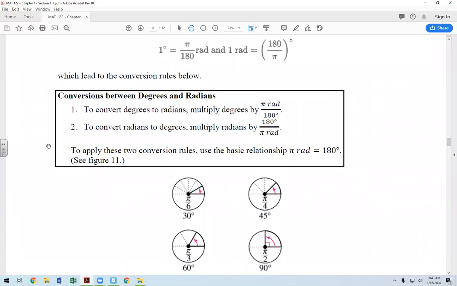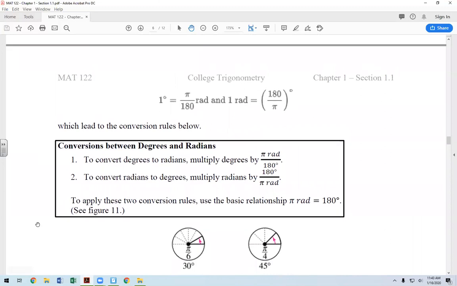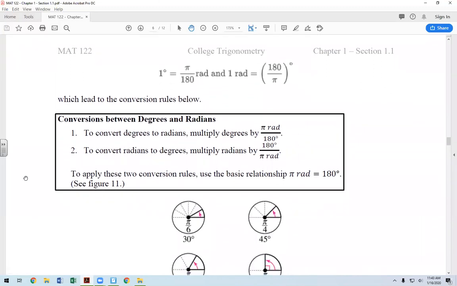Okay, so the last thing I had just kind of talked about was this conversion between degrees and radians. So again, you kind of have to remember these conversion values. If you're going from degrees to radians, basically that 180 degree conversion is going to be on the denominator. So you have pi over 180 degrees, and then of course if you're going from radians to degrees, you're just inverting that value, so you have 180 degrees over pi.